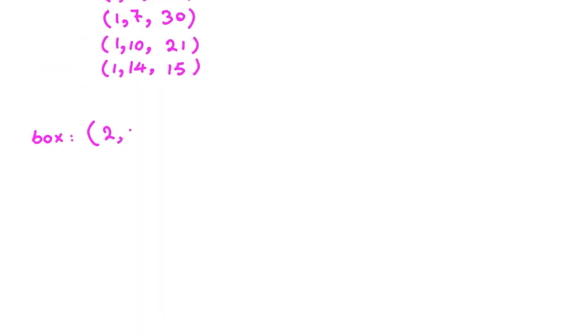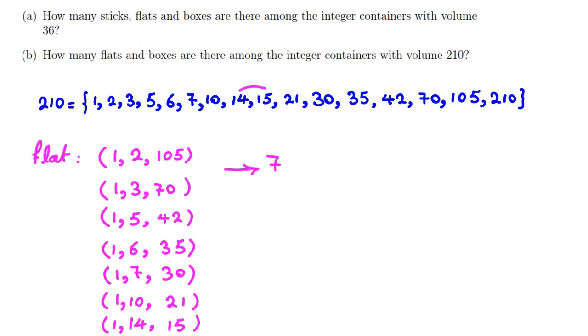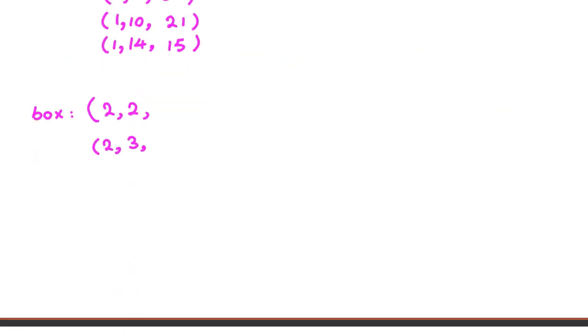So if it is 2, the next one can be 2, or the next one can be 3. The divisors, sorry. 210, if you prime factorize, is 2 times 3 times 5 times 7. So we don't have two twos. So 2 2 is not possible. 2 3, 2 5, 2 6 again not possible because we don't have two twos in 210. 2 7.